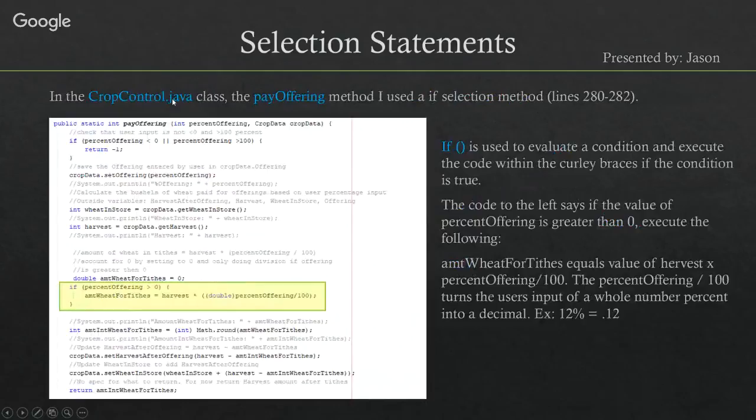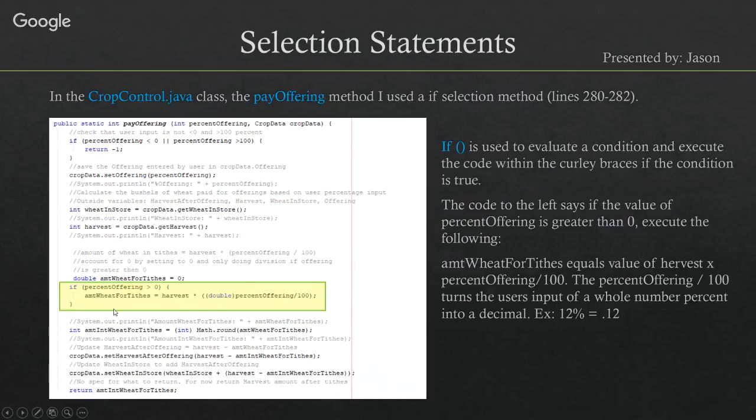In the crop control class and the pay offering method, I used an if selection statement. I've used several of them, but this is just one example. The if statement is used to evaluate a condition and execute the code within the curly braces if the condition is true. So the code says if the value of percent offering is greater than 0, then execute the following inside this curly brace.